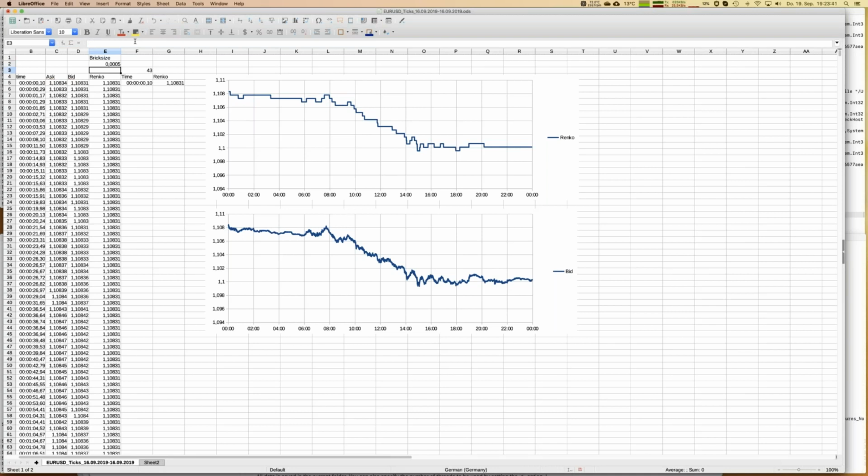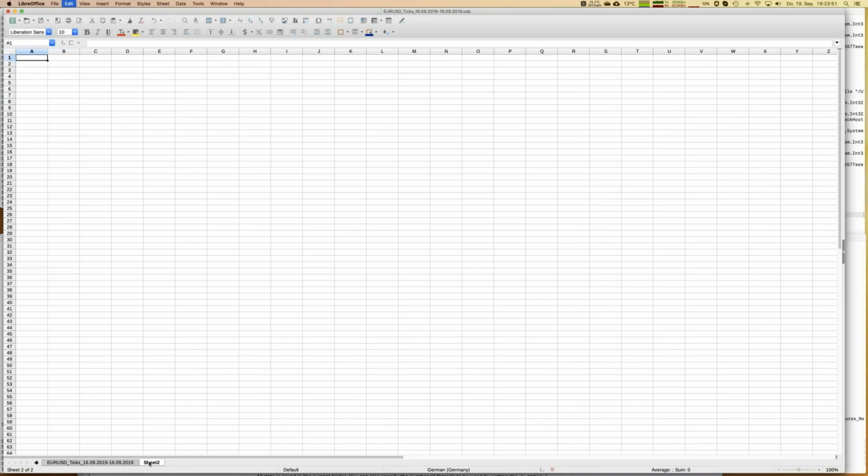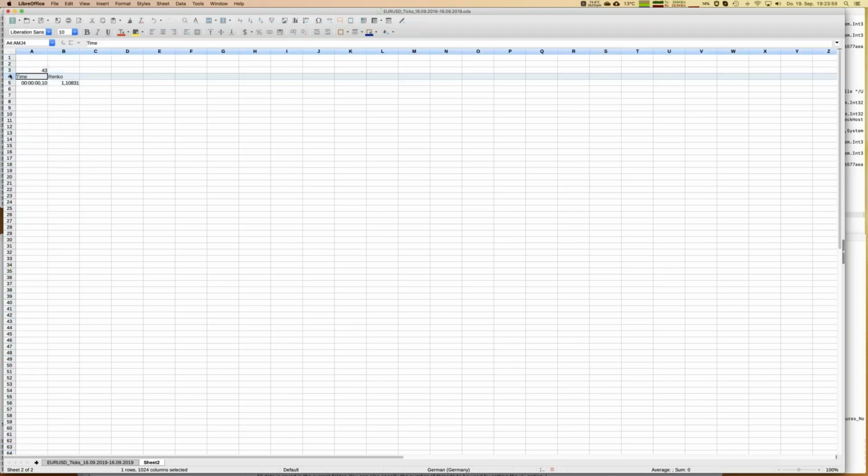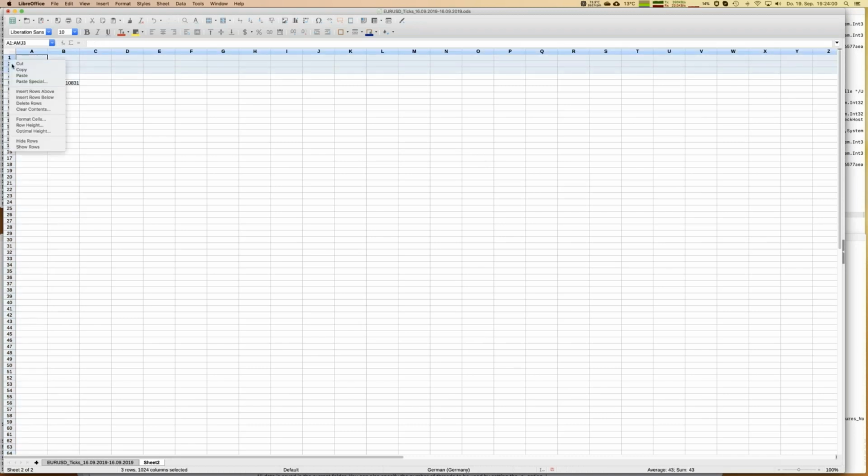Finally, if I want to plot that chart correctly as a Renko chart, let me take the data and go to a new sheet here, and then paste it here. It's only taking me a few steps, and then you will see exactly what I would like to achieve.